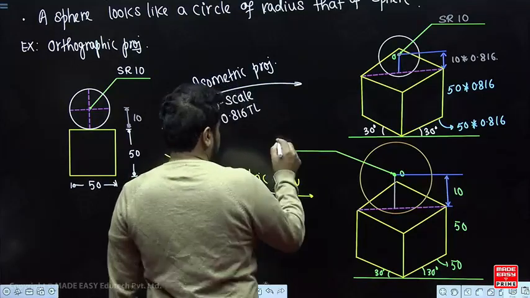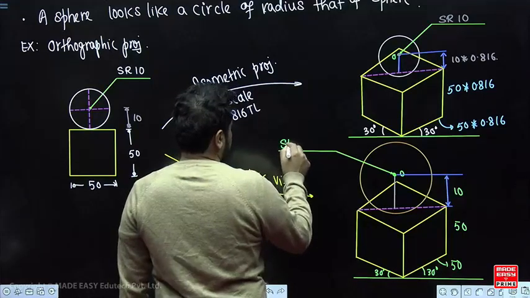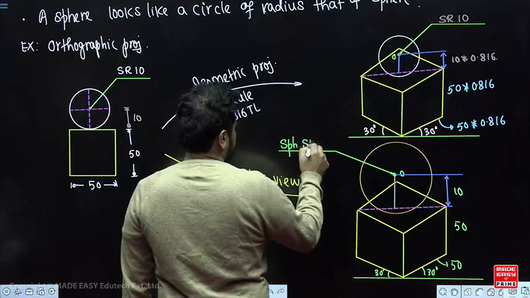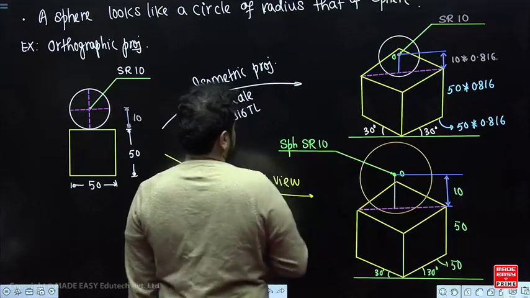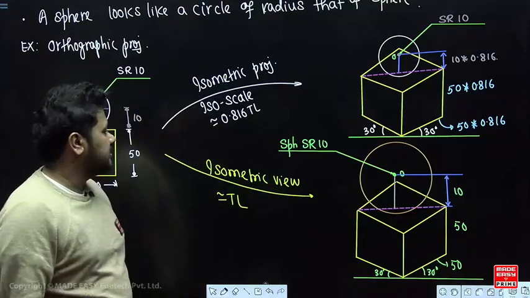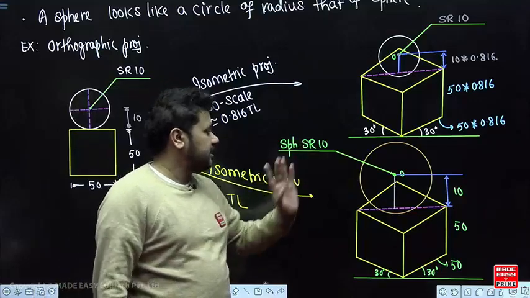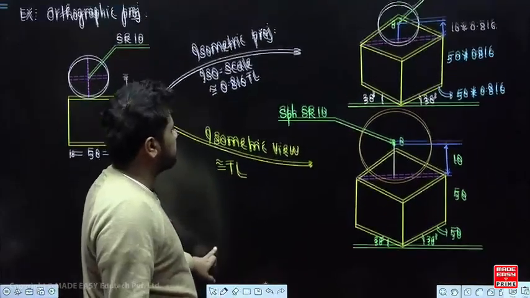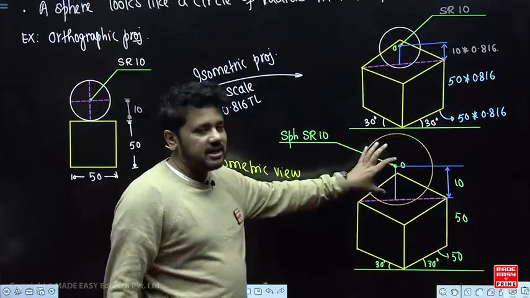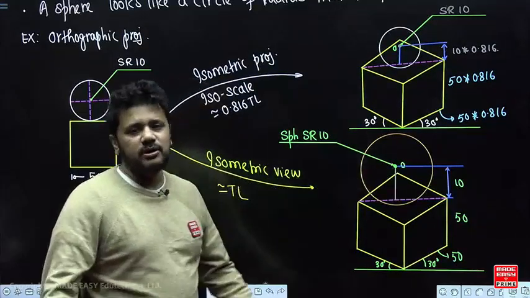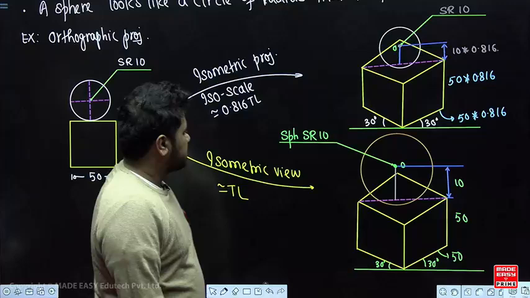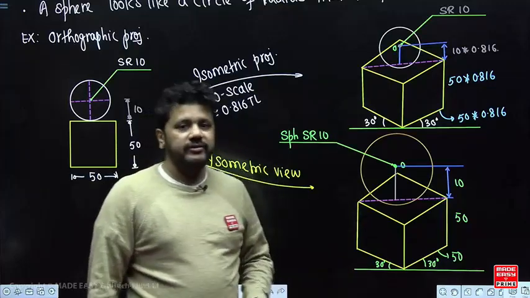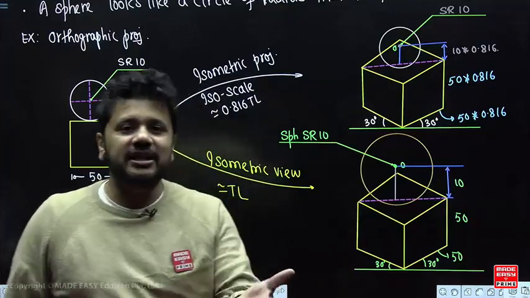It has increased. So this is how much? It is your one spherical radius 10. Correct? इसको हम लोग दिखाते हैं spherical radius 10. यानी कि ये 10 से बड़ा हो चुका है जहां पे, right. So ये 10 से बड़ा हो चुका है, यानी कि इसकी साइज, the circle size has increased. How is it possible, है ना? So that means in isometric view of a sphere it is larger than its own size.